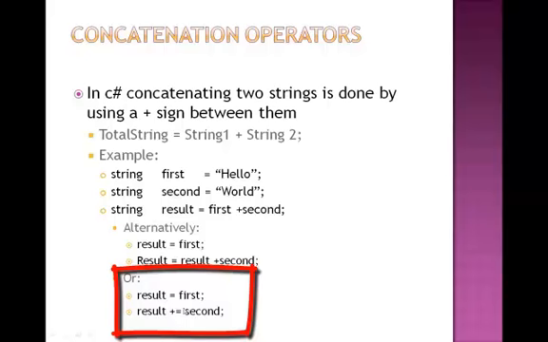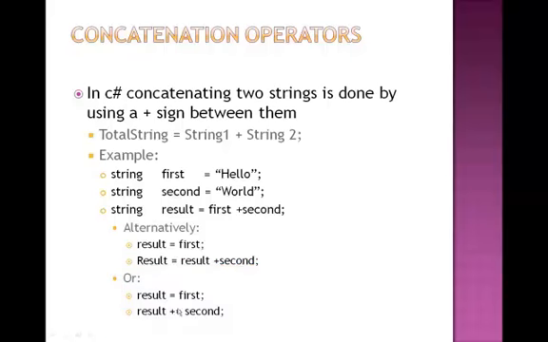This sign plus equal is essentially equivalent to result equals result plus second. You can just knock the second result down, and then put the concatenation sign before the assignment sign. So it combines the concatenation and assignment in one single statement.